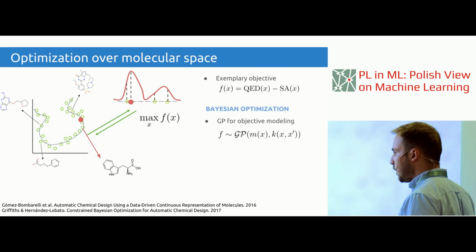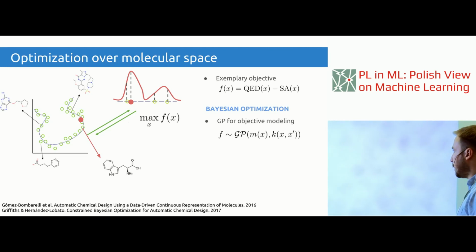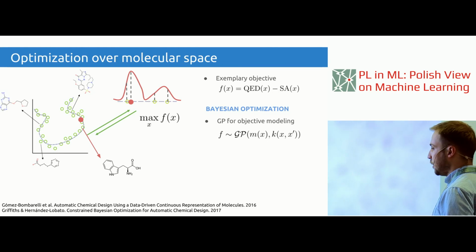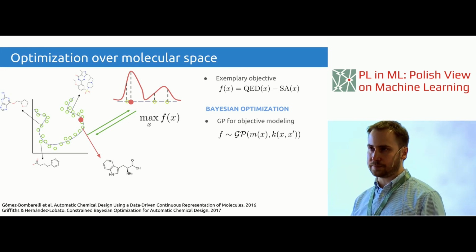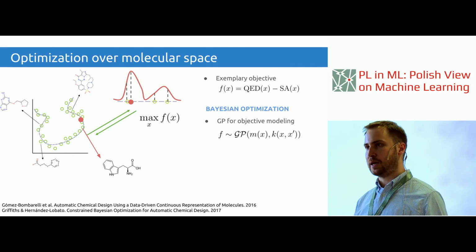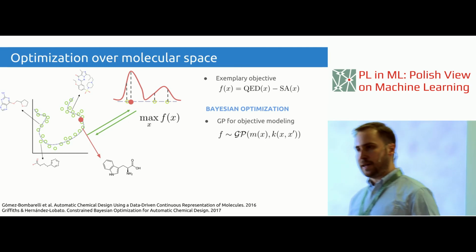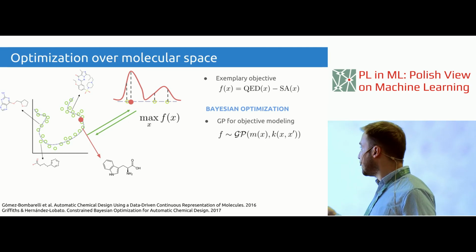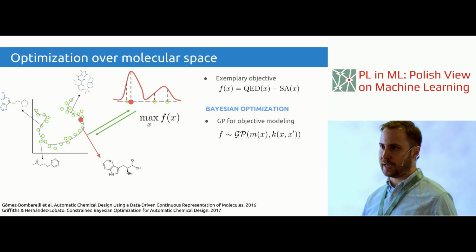And what you can apply to do that is called Bayesian optimization. Basically, the idea of this framework is that you are modeling your objective function using Gaussian processes. Gaussian processes are a Bayesian method, and because it's Bayesian, it's very good at modeling the predictive mean, but at the same time, it is good at modeling uncertainty. And this gives you a nice balance when you are searching this space of molecules, the balance between exploration and exploitation.